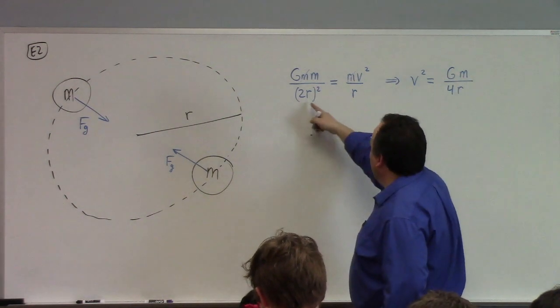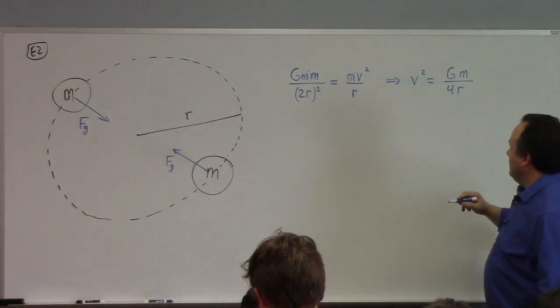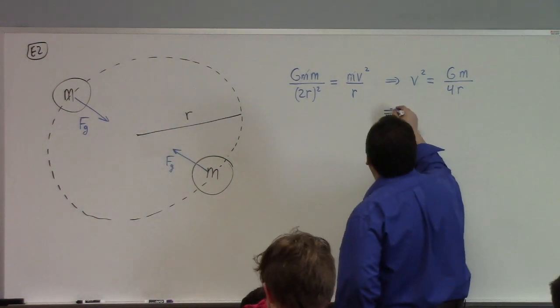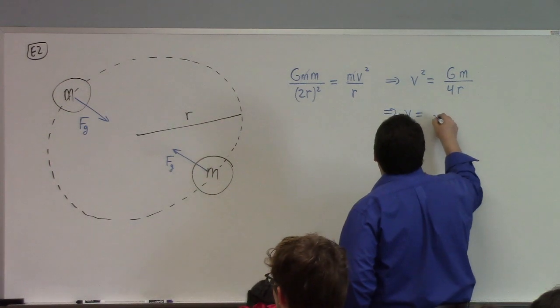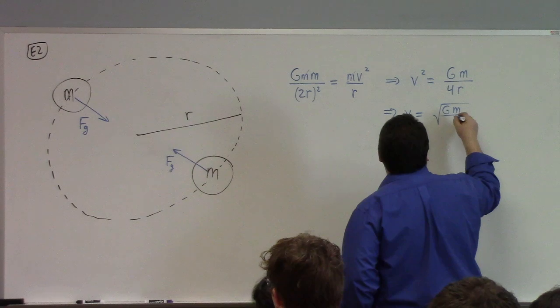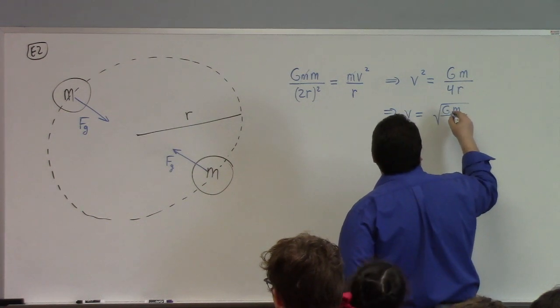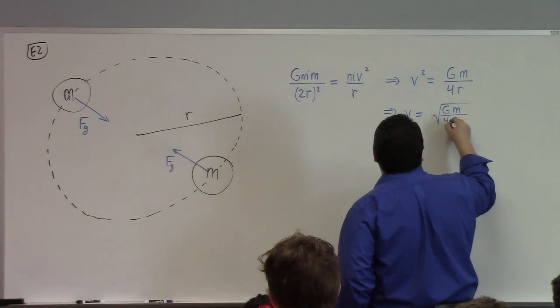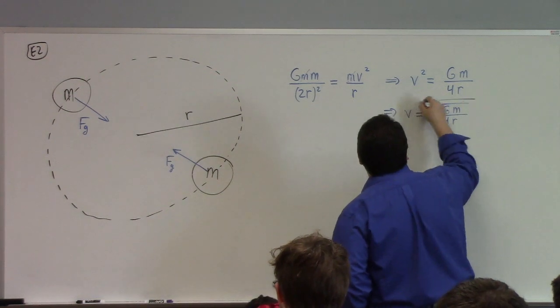Because the r squared cancels with the r there. And so what we got is that the velocity of such a system is given by G times the mass of the planets or stars which are orbiting around each other, divided by 4 times the radius of the orbit.